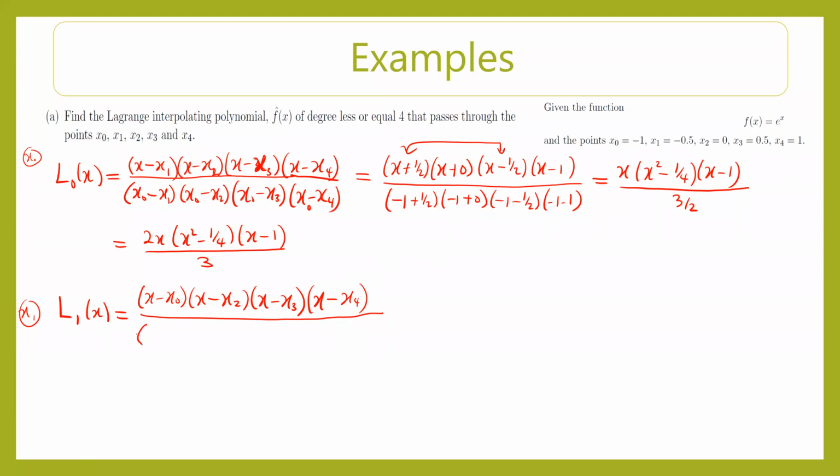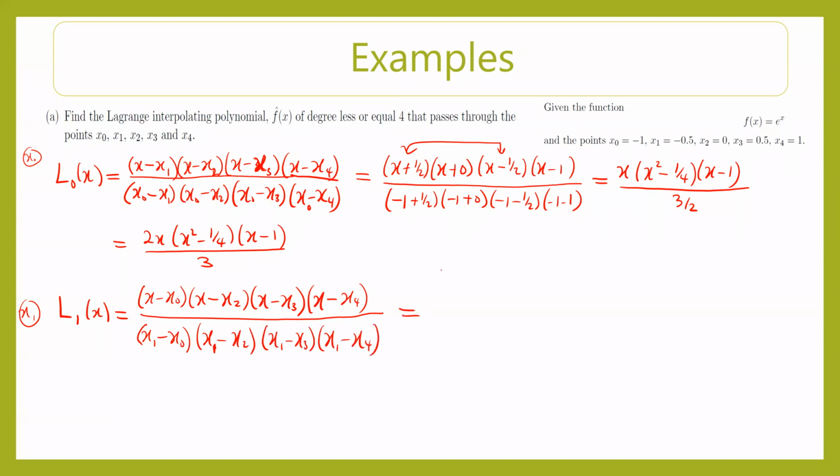So what's missing is what you are going to be using to subtract down. So x1, then x0 is here, so I'm going to have x0 here, x1, then I'm going to have x2 here, x1, I'm going to have x3 here, x1, I'm going to have x4 here.